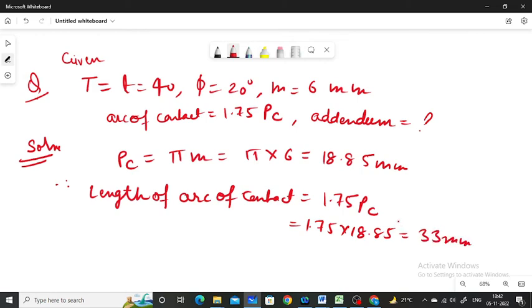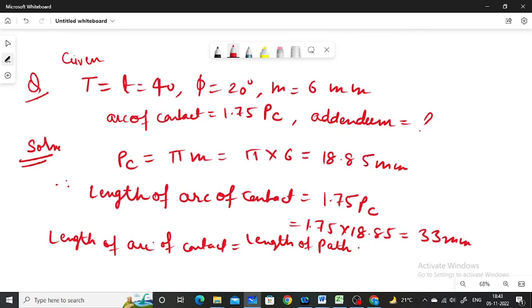Now we know what we just studied: length of arc of contact equals length of path of contact divided by cos phi.